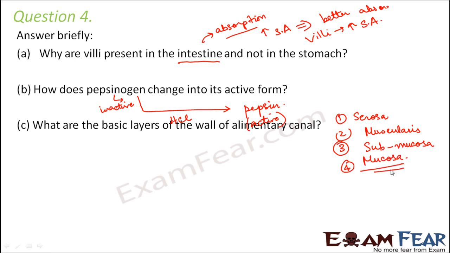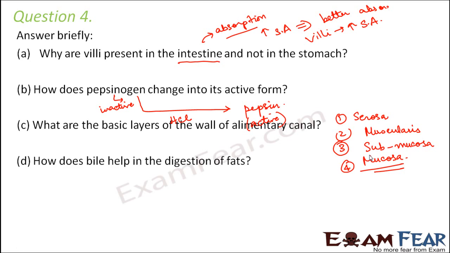This innermost layer has most of the glands which secrete the enzymes. For example, in the stomach as well as the intestine, the gastric glands and the intestinal glands are all located in the mucosal epithelium layer. Similarly, in the intestine, for absorption purposes, the villi are also present in the mucosal epithelial layer.